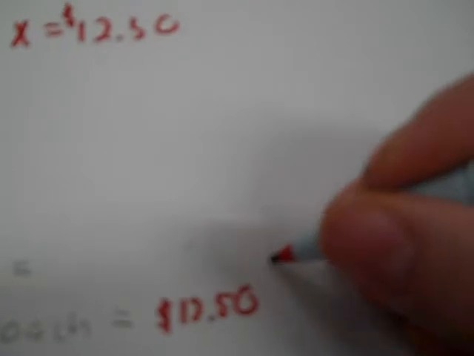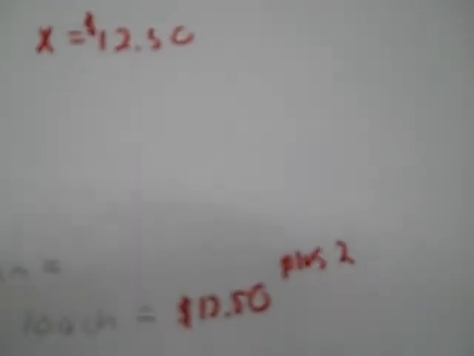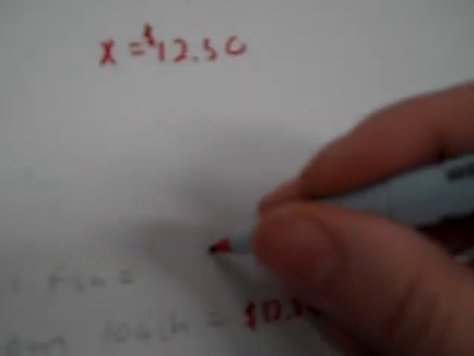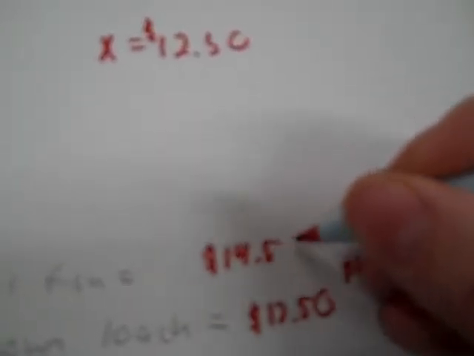Now, finding the cost of an angelfish is easy. If you know the angelfish were $2 more, you can just plus 2 to get your other answer. So $12.50 plus 2 is $14.50. You don't have to plug it in anywhere or anything like that.